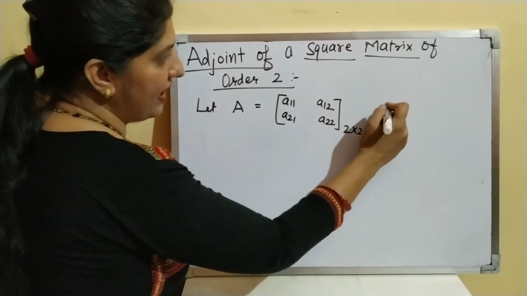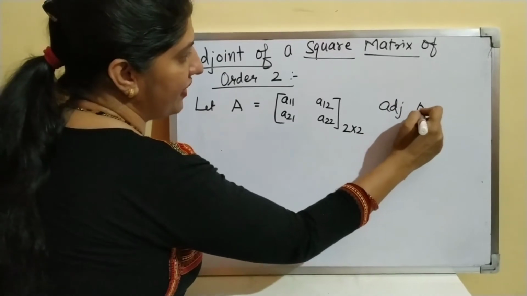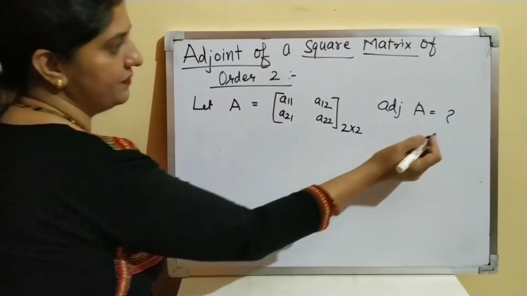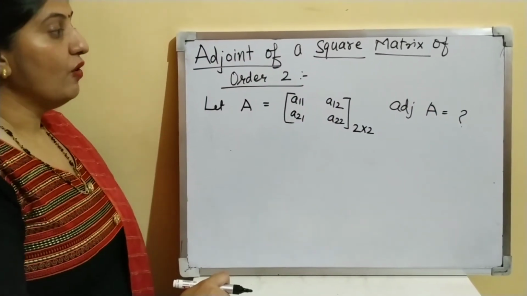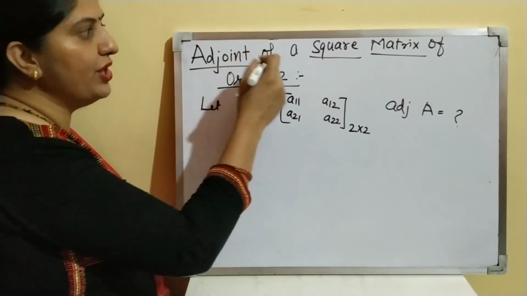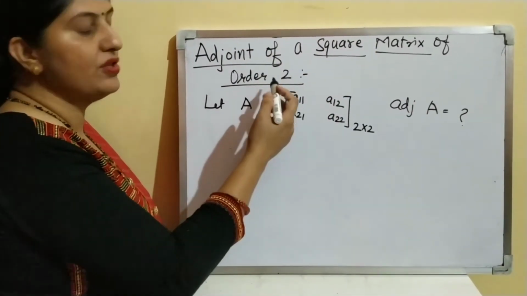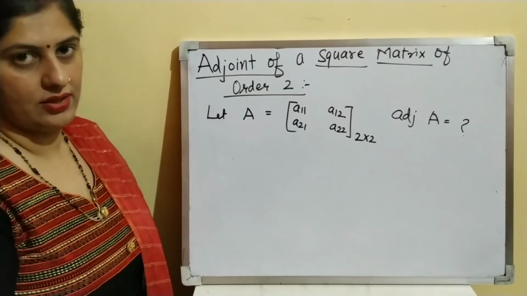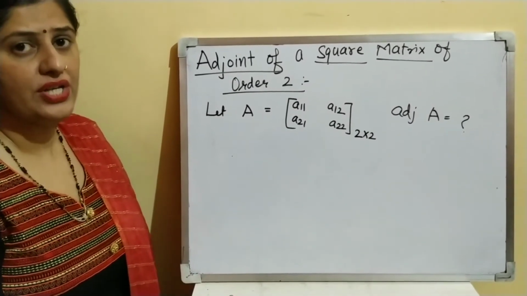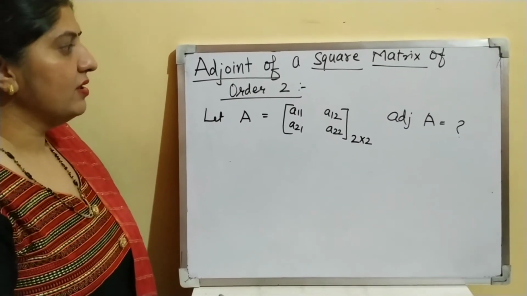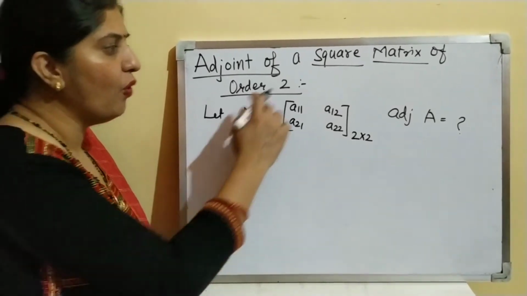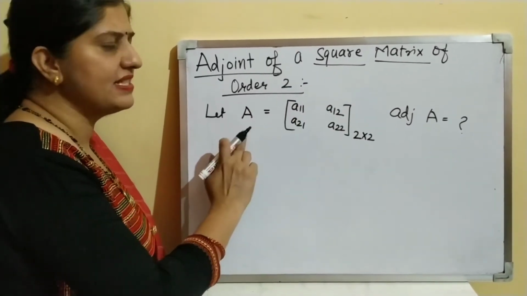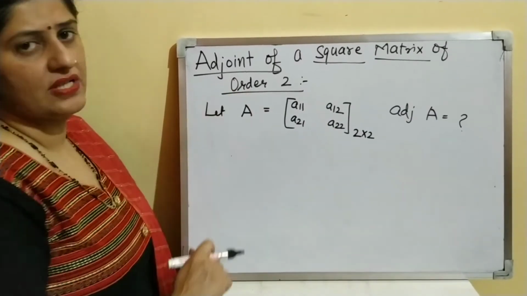We have to find adjoint of the given matrix A. For finding the adjoint of a square matrix of order 2, we have a shortcut. There is no need to find cofactors of all the elements of matrix A for a square matrix of order 2.